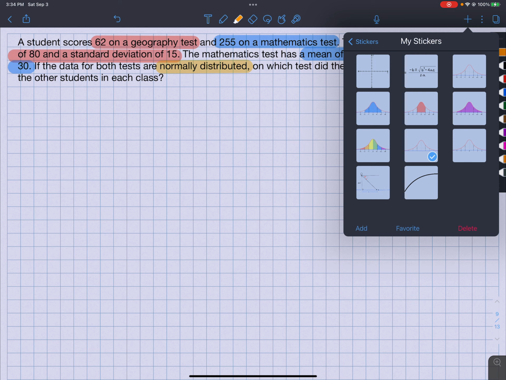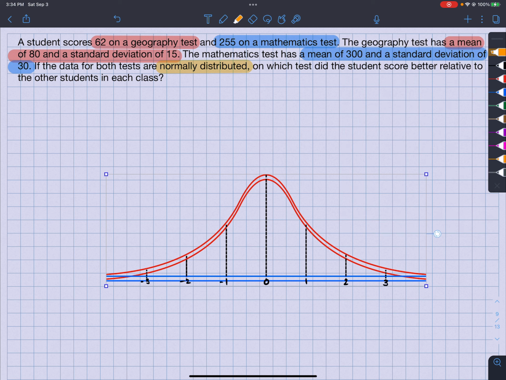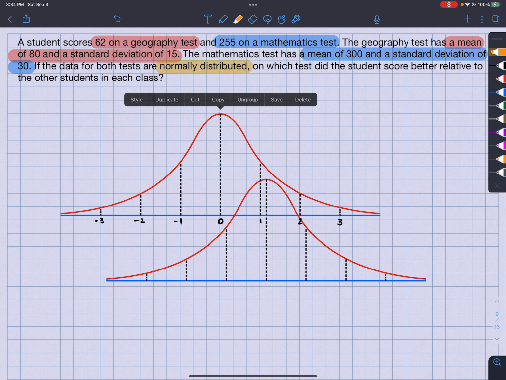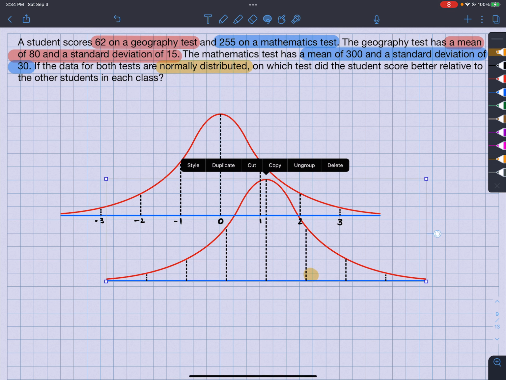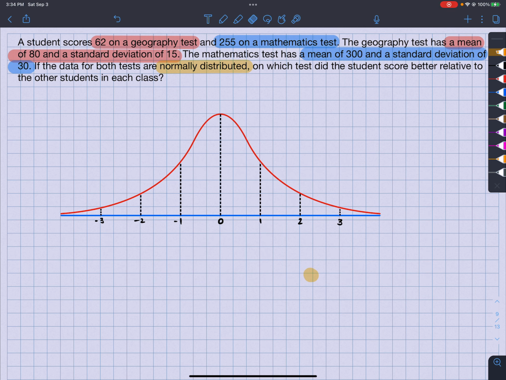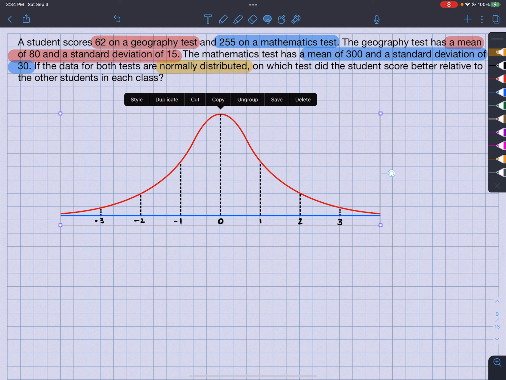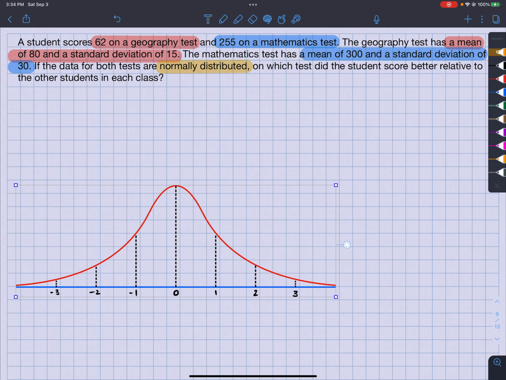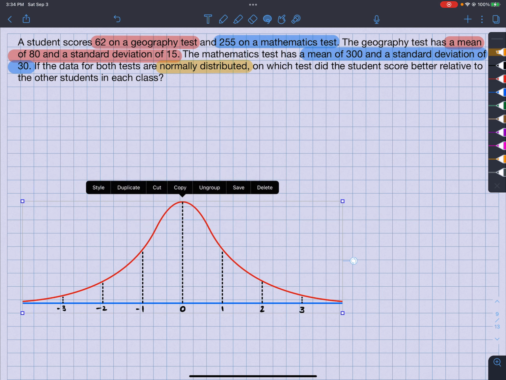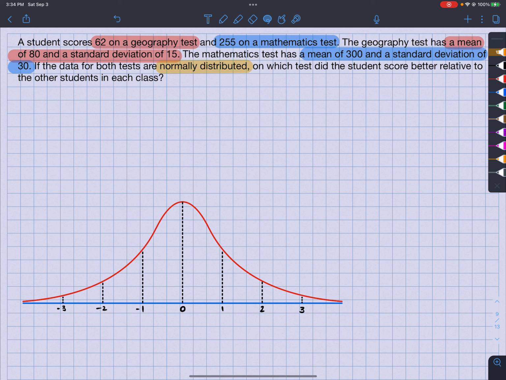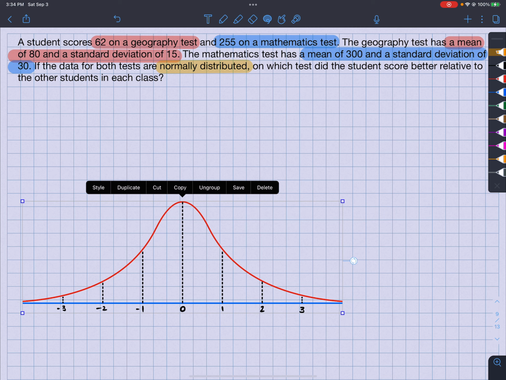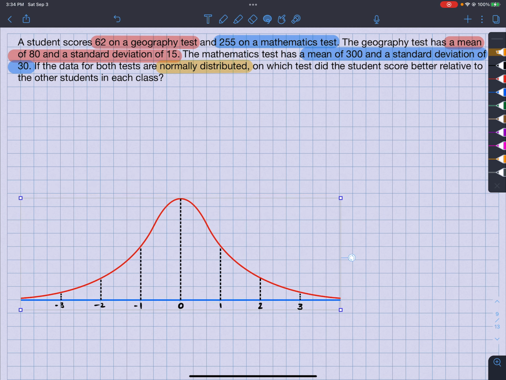Actually, let's go with this one here. I think of this right here, okay? However, before I do that, whenever it's normally distributed and I think of this, I also think of z-scores.